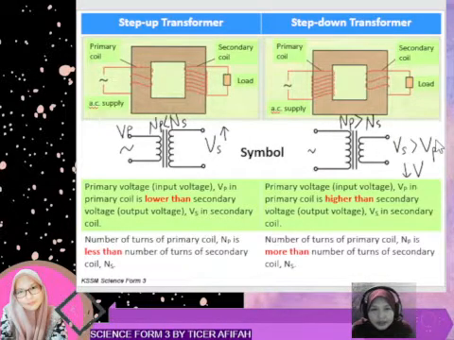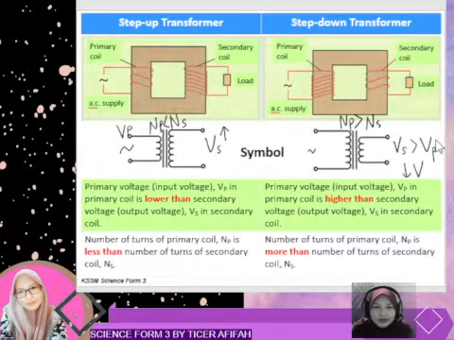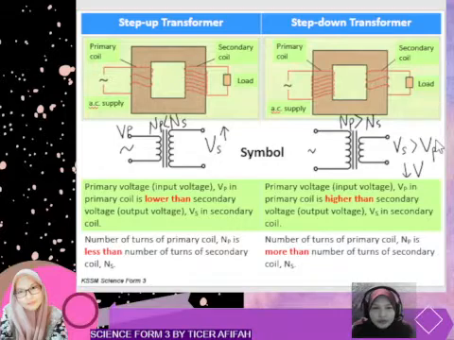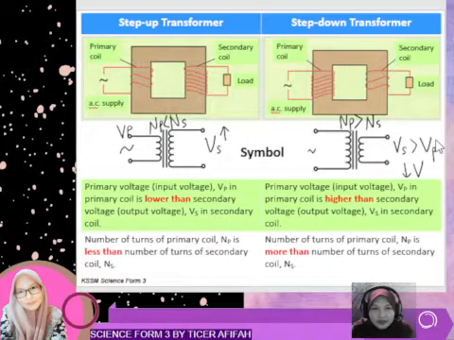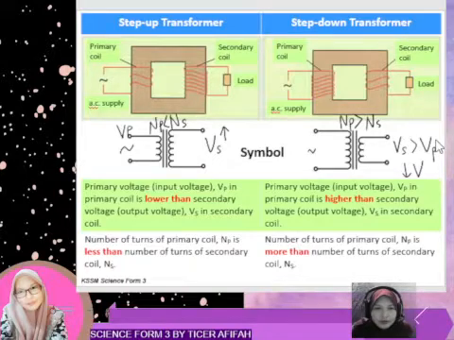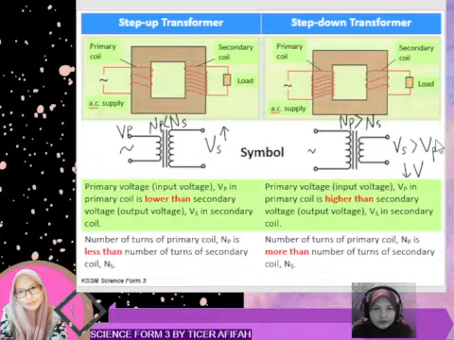So this secondary voltage, or VS, will determine the type of the transformer used. And also it depends on the number of turns of coil at the primary and secondary.